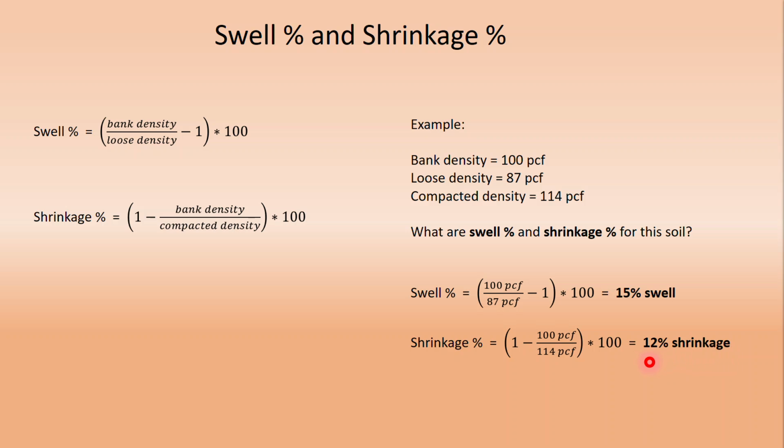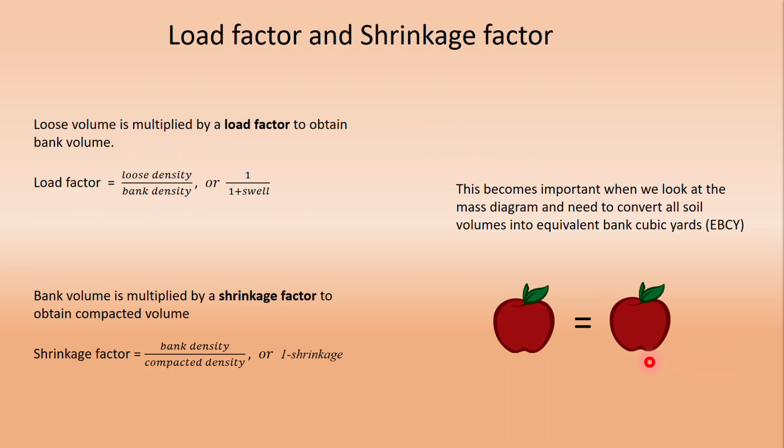So to compute those numbers, we look at things called a load factor and a shrinkage factor. And we're really not going to deal with load factor. That's more about quantifying the expansion of soil when it's coming out of the bank and going into a truck. But it's simply the loose density divided by bank density.